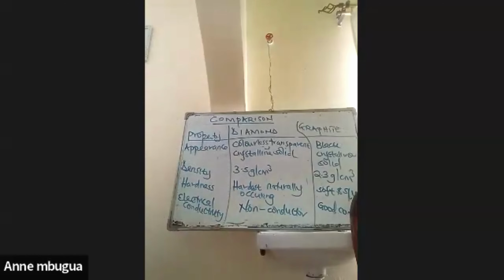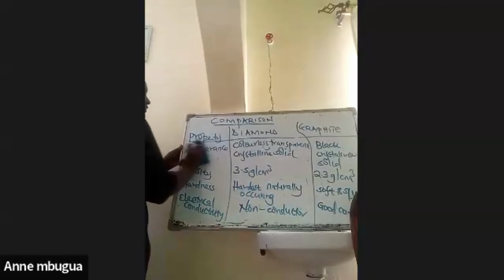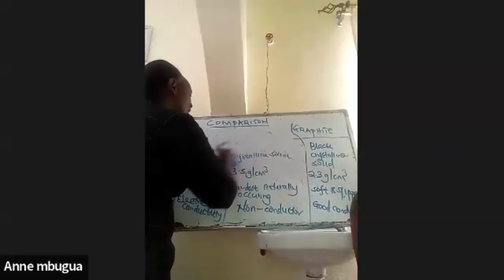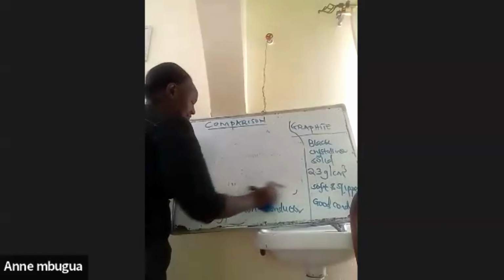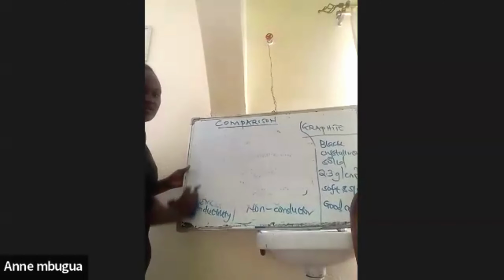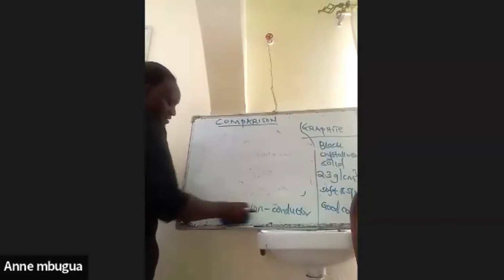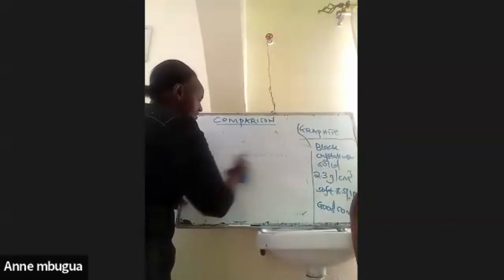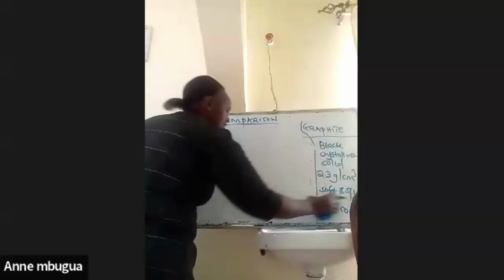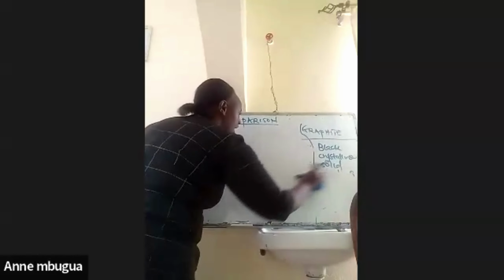We also said that carbon can exist as an impure substance. This impure allotrope of carbon is known as amorphous.